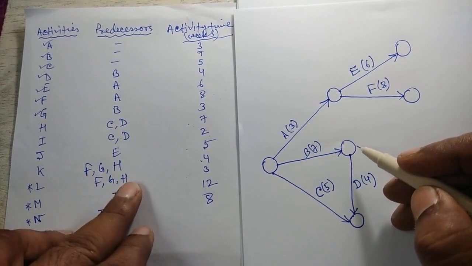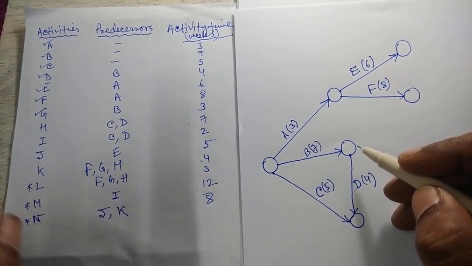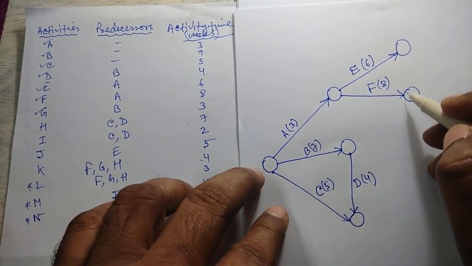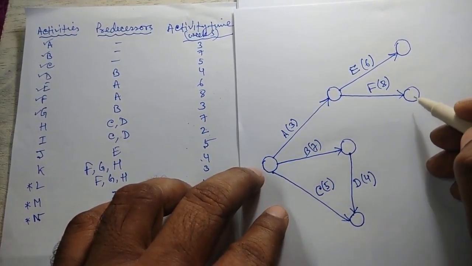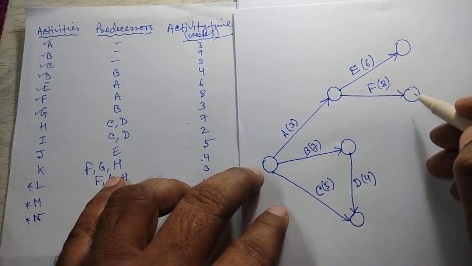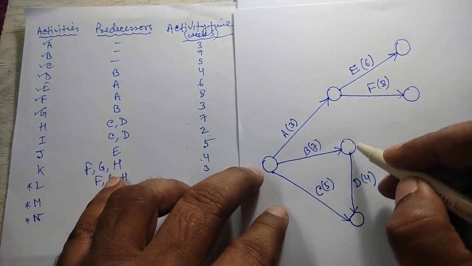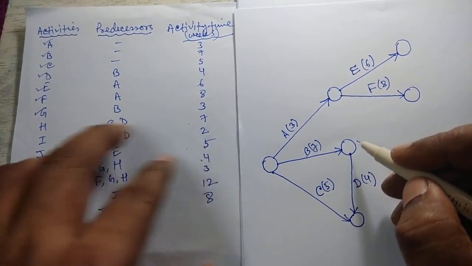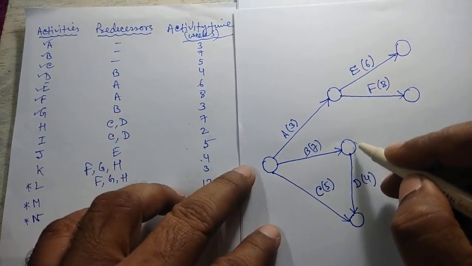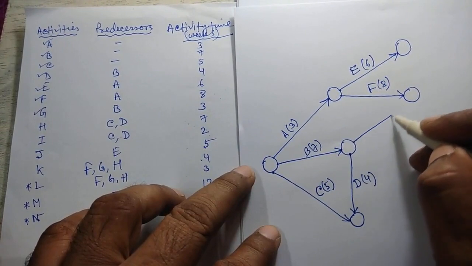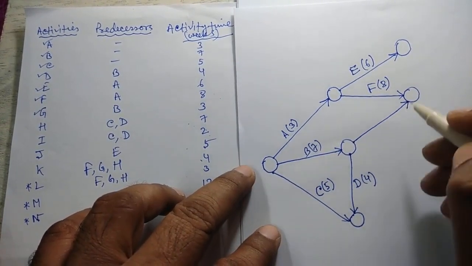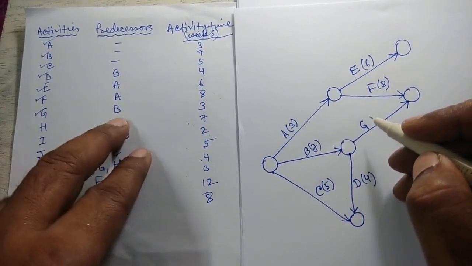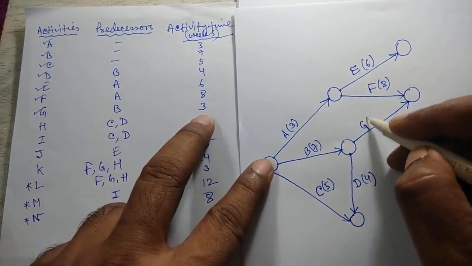So F, G, H should meet at a single node. Now see F here. So to this node, G and H should meet. From this node, G will start and meet at this point. This is G, timing 3 weeks.